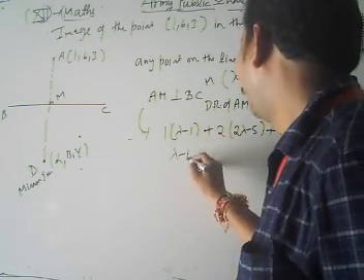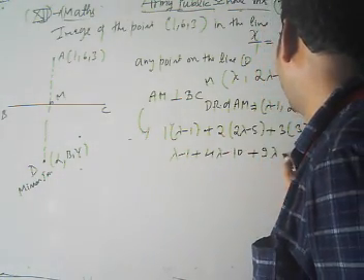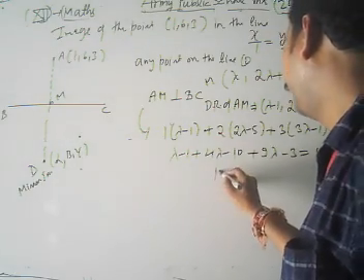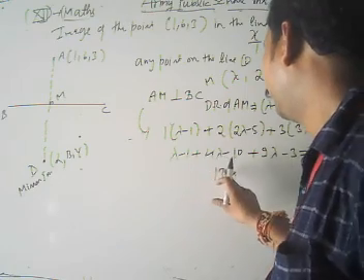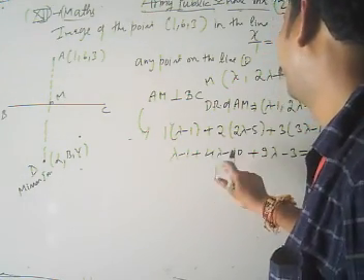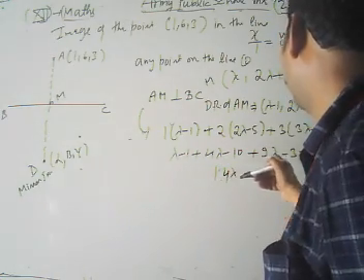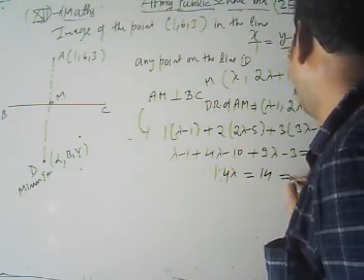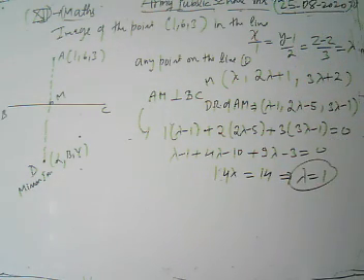Now we have lambda minus 1 plus 4 lambda minus 10 plus 9 lambda minus 3 equal to 0. So 14 lambda is equal to 14, and from here we get the value of lambda is 1.